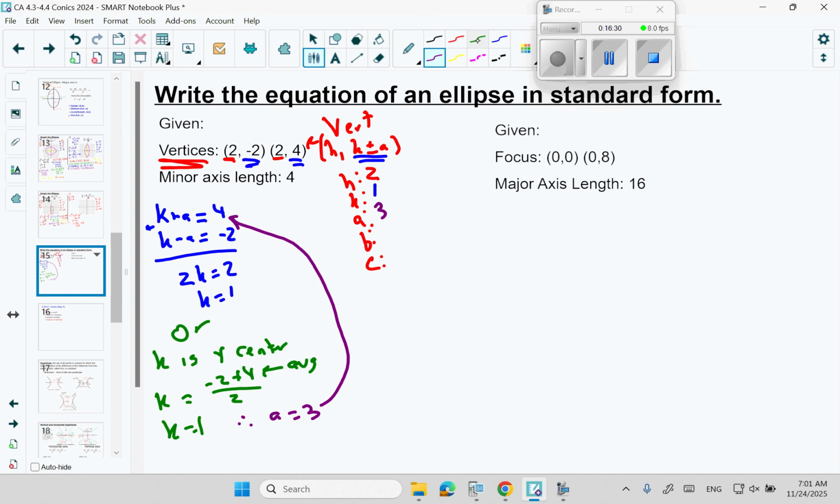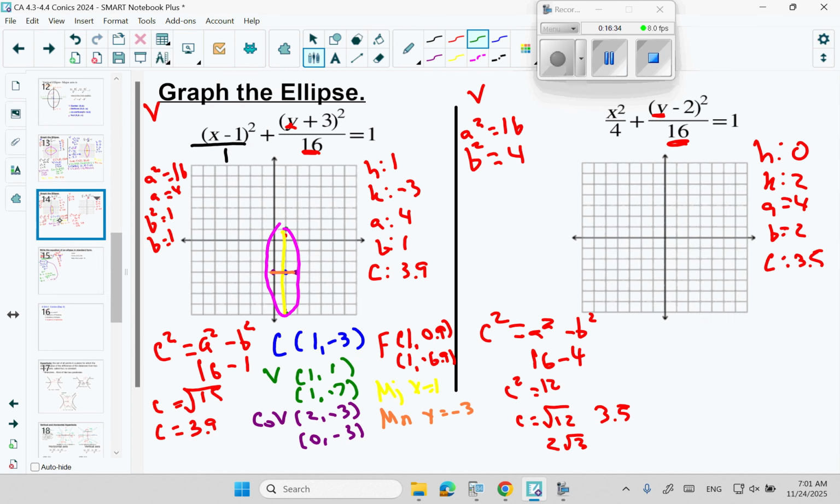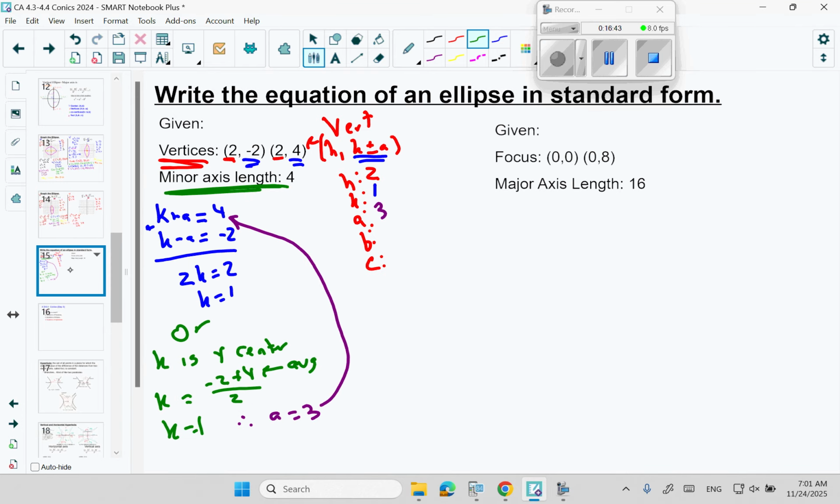Minor axis. Well, minor axis is kind of tricky. Let's go back a slide here. The minor axis, we'll notice, is the total distance from co-vertex to co-vertex, which means when I'm talking about the minor axis, that has to equal 2b. So therefore, 4 equals 2b, b equals 2.